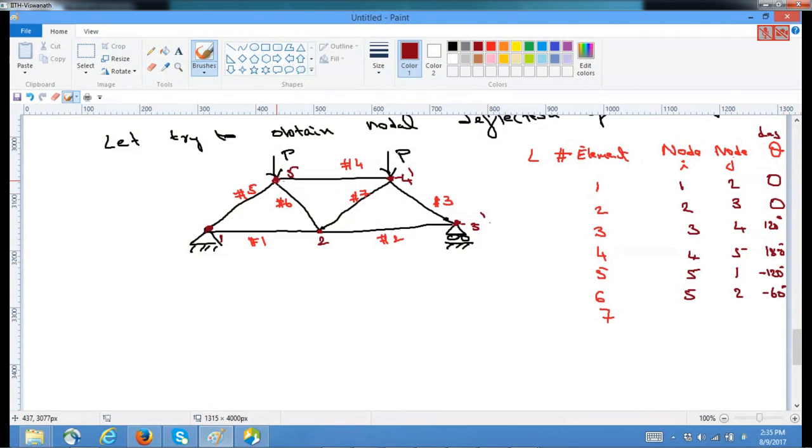This is because this is I and this is J, so IJ from the horizontal is minus 60, whereas for element 5, this angle would be minus 120 degrees. Similarly, for element 7, if I pick node I as this one and node J as that one, then it will be nodes 2 and 4, and since the angle is 60 degrees, this would be 60 degrees.